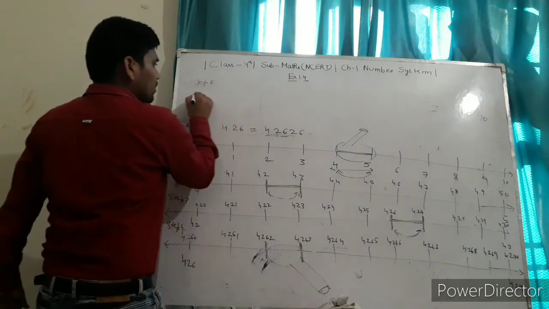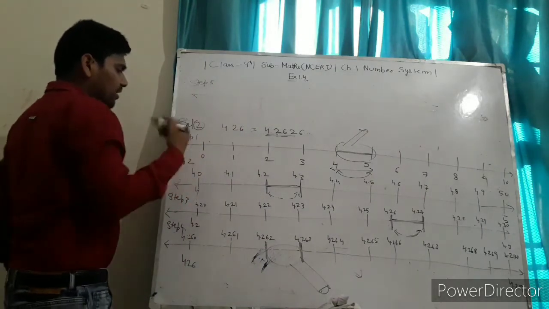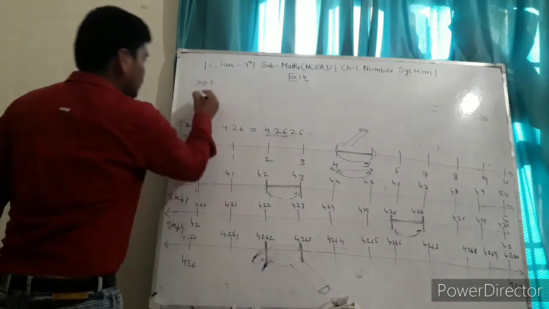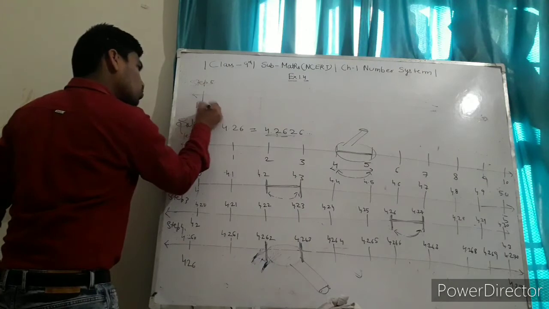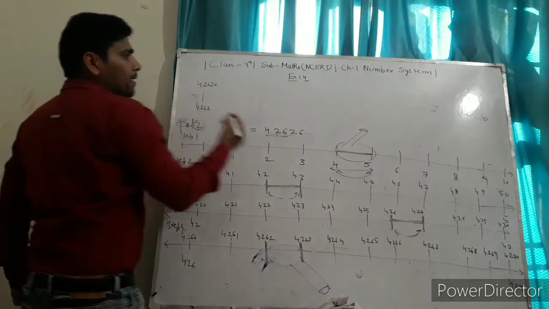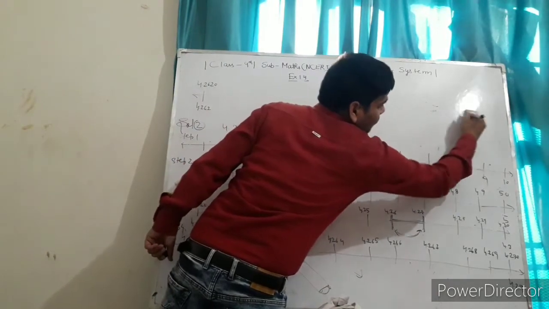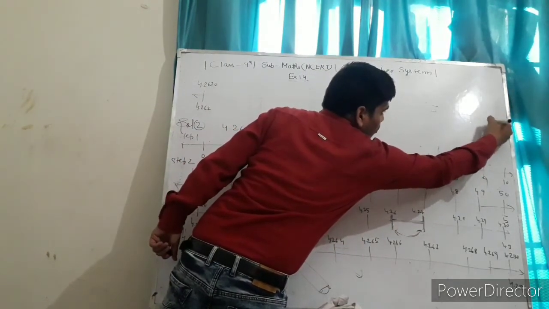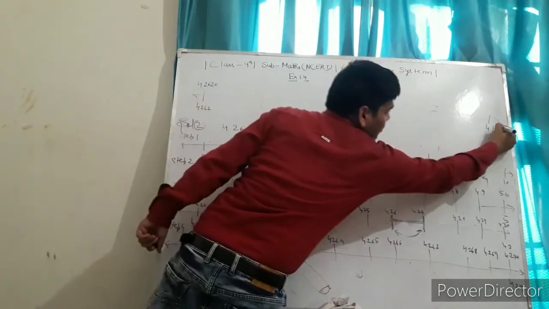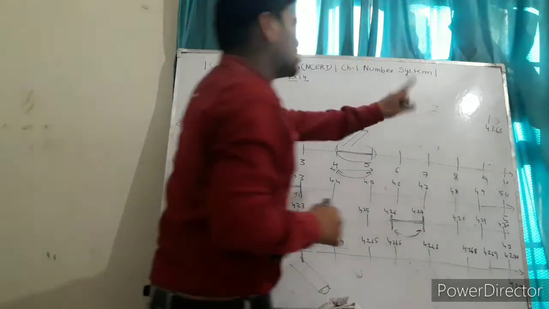Again draw another line here, and this is 4.262, which can be written as 4.2620. Then this is 4.263, because it is 262, so next is 263.